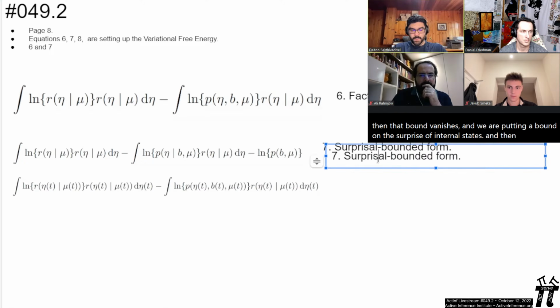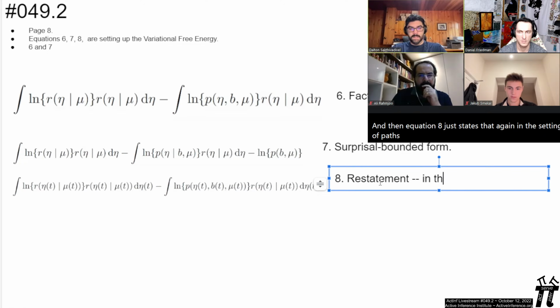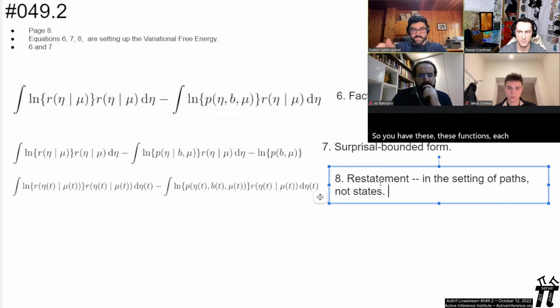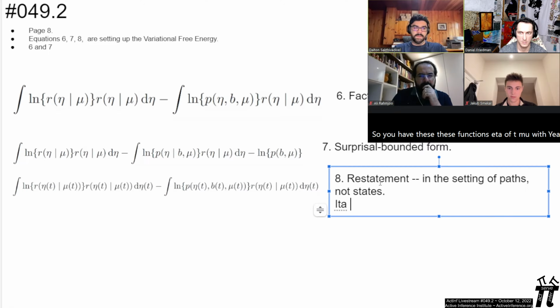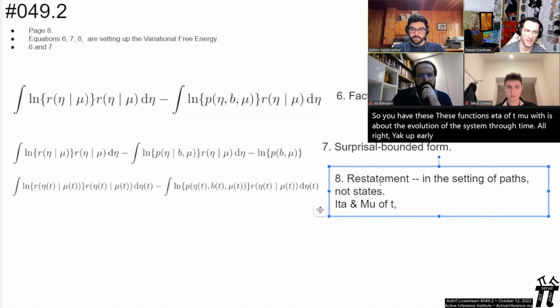And then equation 8 just states it again in the setting of paths and not states. So you have these functions, eta of t, mu of t, about the evolution of the system through time. All right, Jakob or Lee, anything you want to add there?